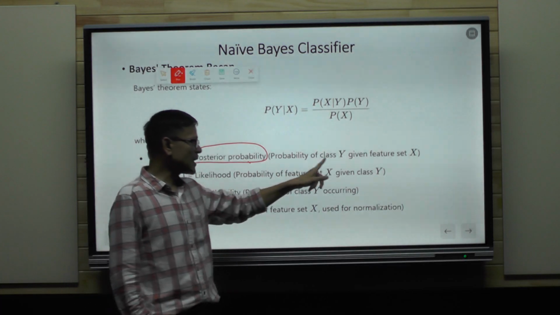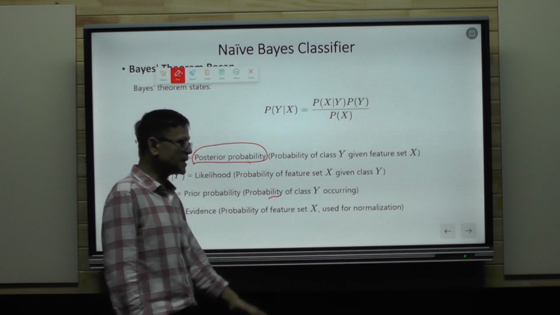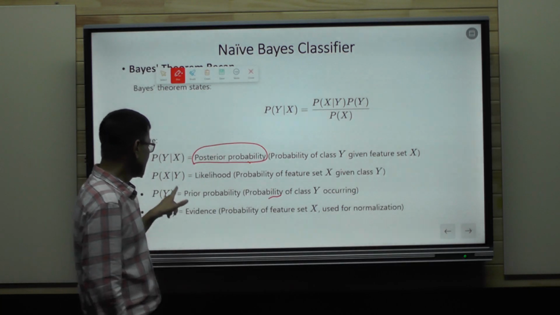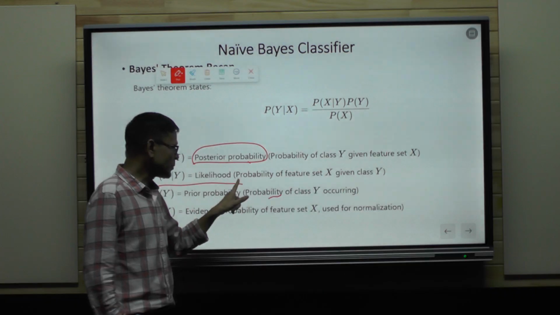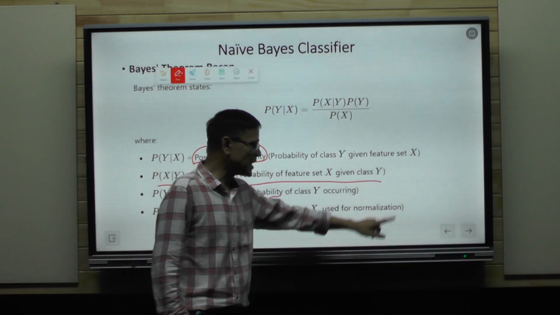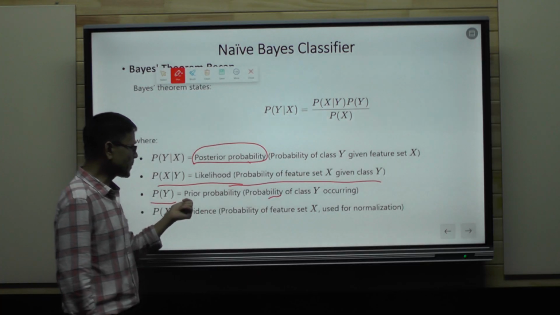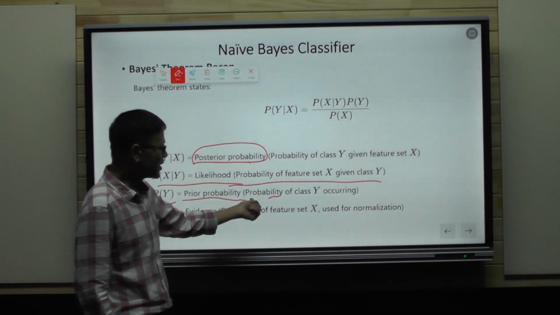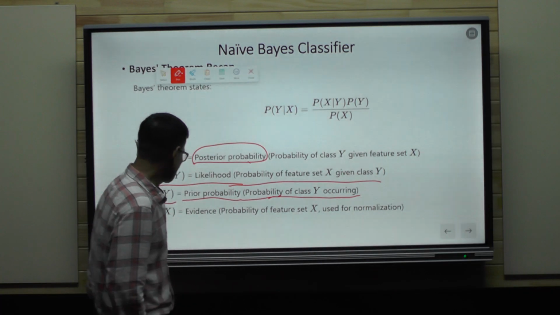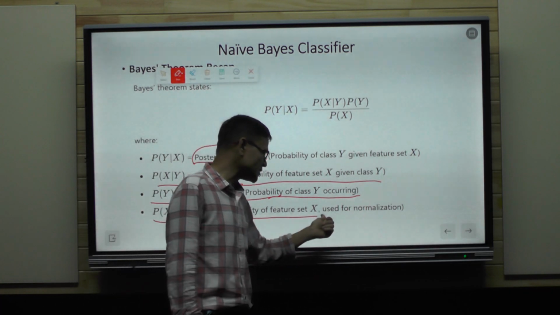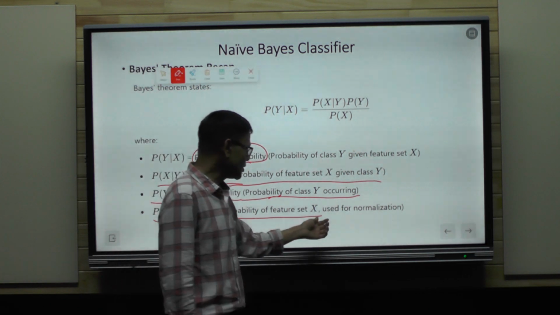The probability of class y given the feature set x, that is the posterior. Likelihood is the probability of feature x given class y, and P of y is the prior probability, the probability of class y, okay, and P of x is the evidence, or the probability of feature set x, used for normalization.